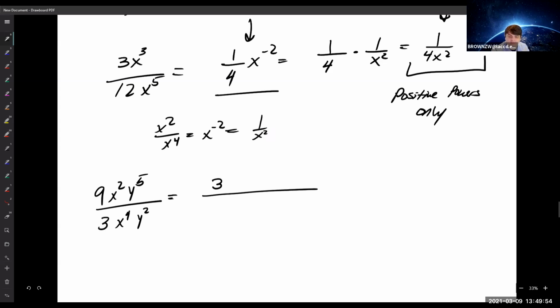The way I like to think about this, and the way to simplify it, especially when you have all these variables here, is first subtract them. And then the result is just going to stay with whichever term had the bigger power. So 4 minus 2, that's 2. And because the x to the 4th is bigger, the result is going to stay in the denominator as a positive power.